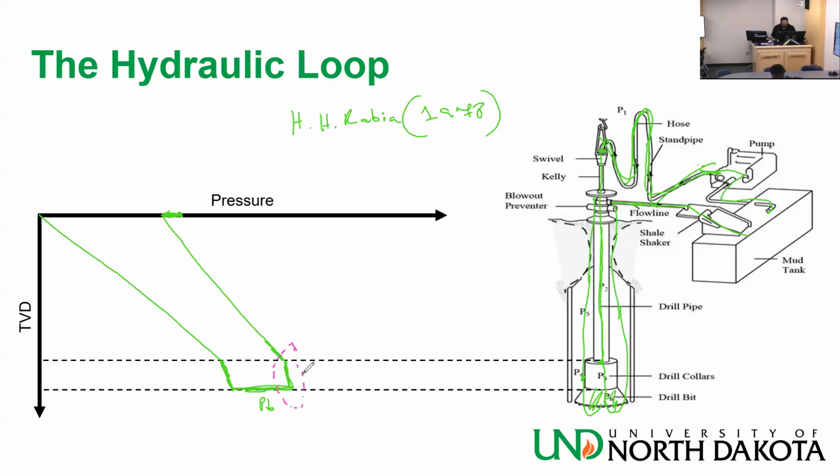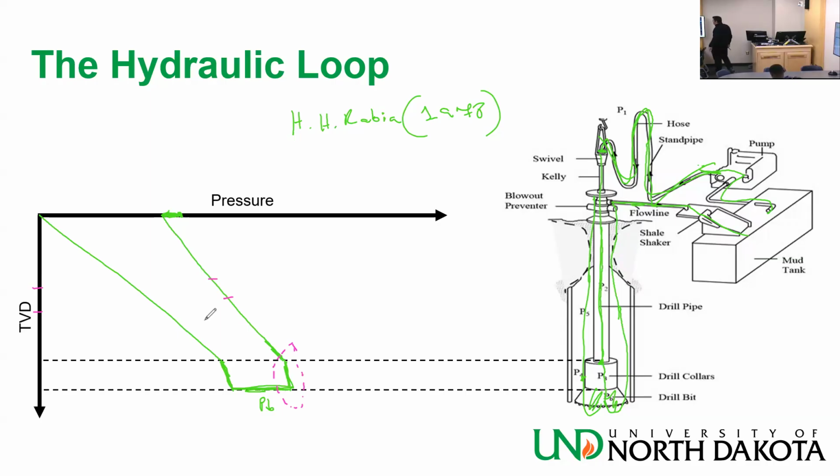On the vertical axis, you have depth. So you understand that by moving from this depth to this depth, you lose a certain pressure to friction, and you gain a certain pressure because of the depth that you are gaining, right?